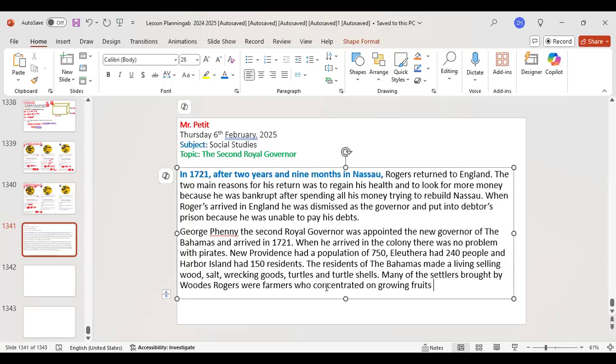So they made a living by selling wrecking goods, selling turtles, selling wood, selling salt, and farming. That was basically the way that they survived.